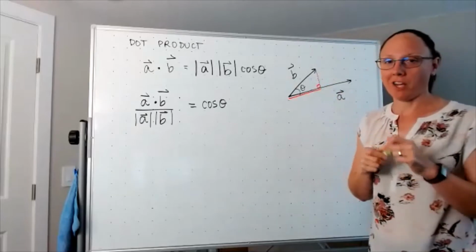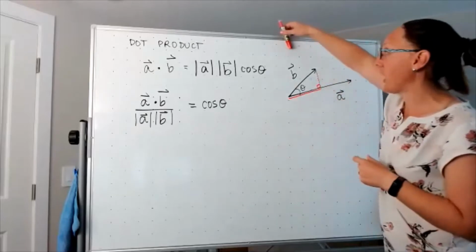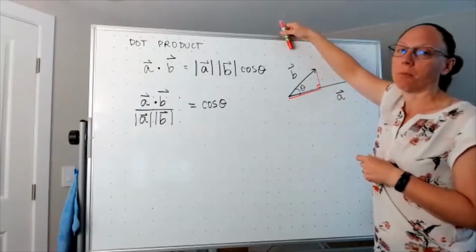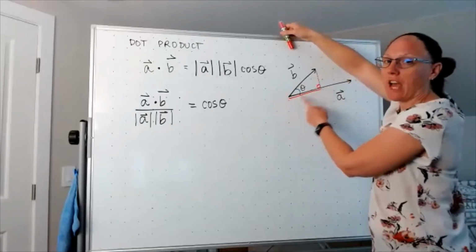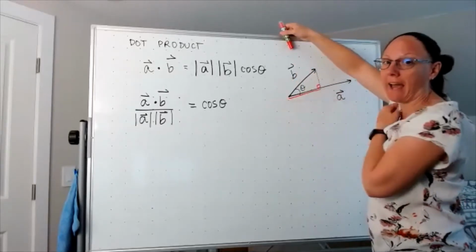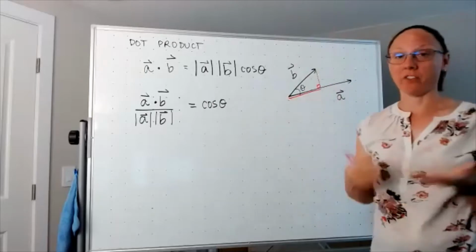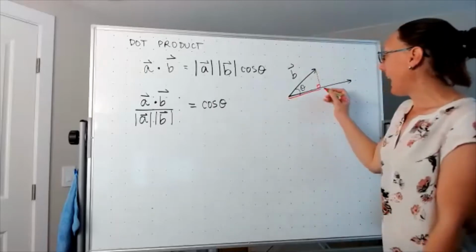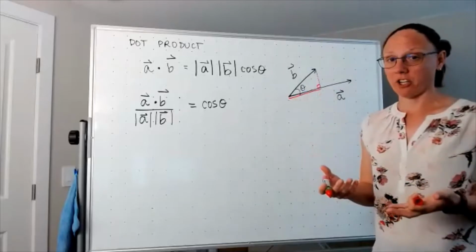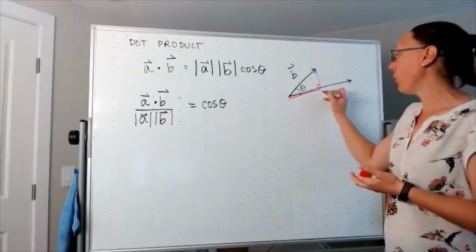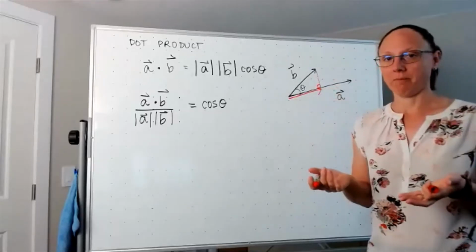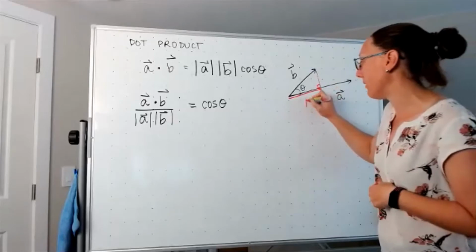Or we can think about it as if I had a flashlight up here and I was shining my flashlight on the vector B, how long would the shadow be from that vector onto A? And we call this thing down here the projection. If I want to know the length of it, then we call it the scalar projection. And if I want to know what it is as an actual vector, then I call it the vector projection. For now, I'm just going to call it P.